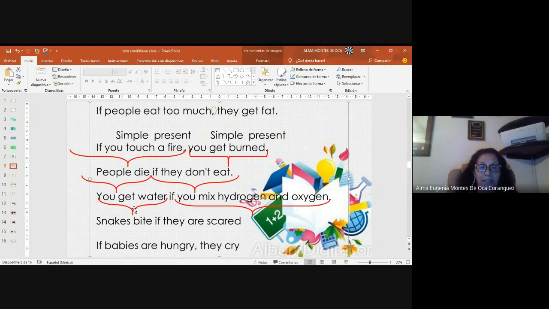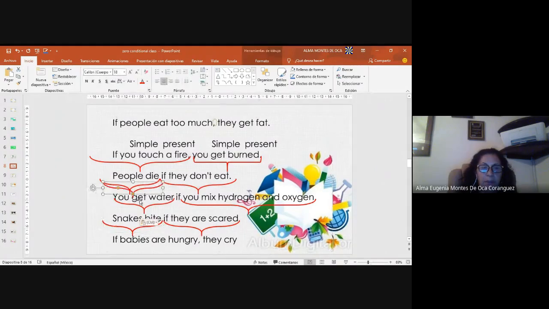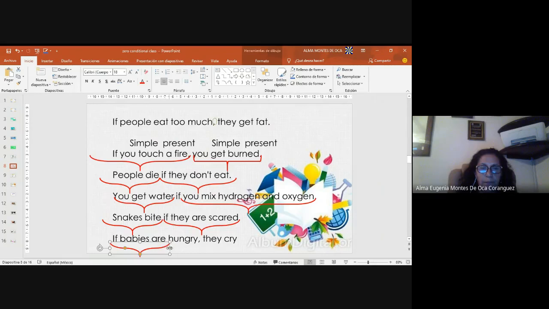Another example: snakes bite if they are scared. Okay? Two sentences. The last one says, if babies are hungry, they cry.